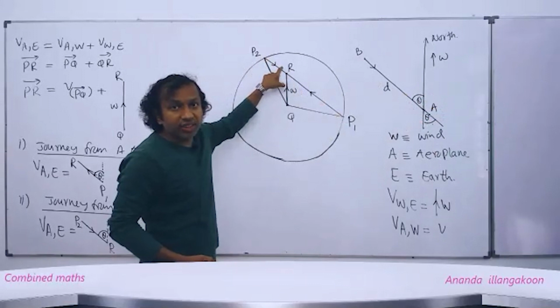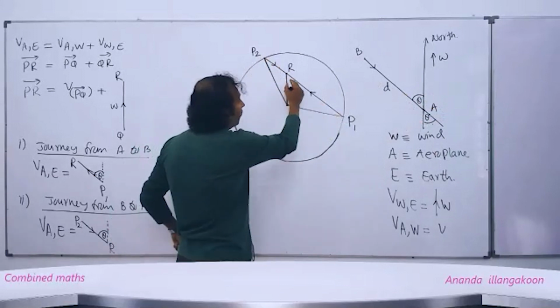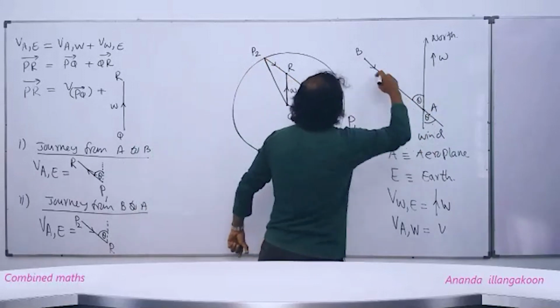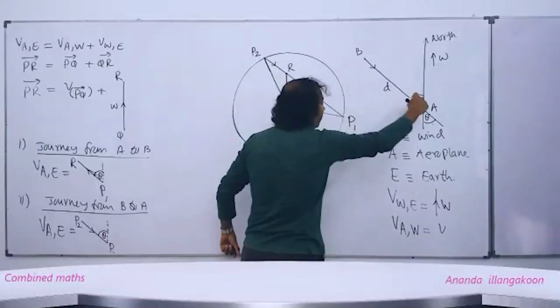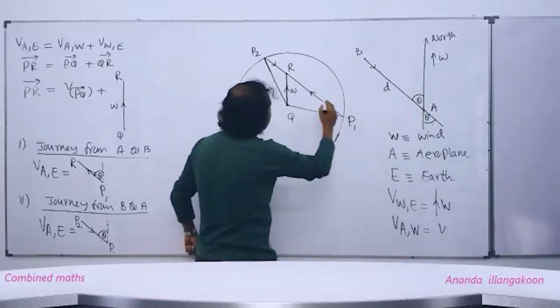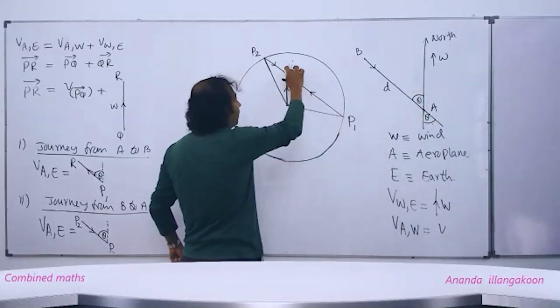Then can you mark theta in this velocity triangle? It is this, no? This W line is this north line. This line is parallel to, we said, AB. So therefore, the angle between north and this is theta. Therefore, this angle is theta. This length from here to here is W.